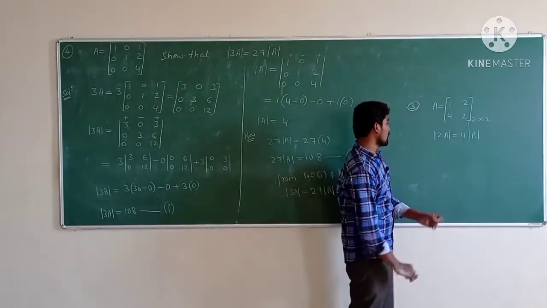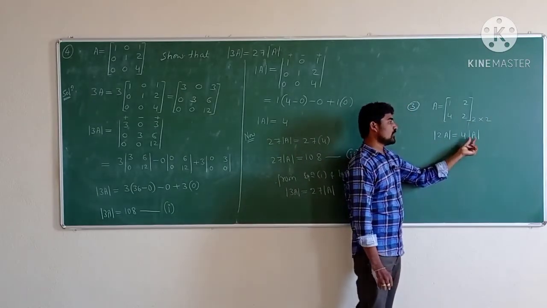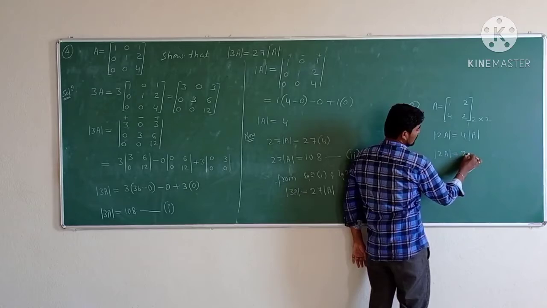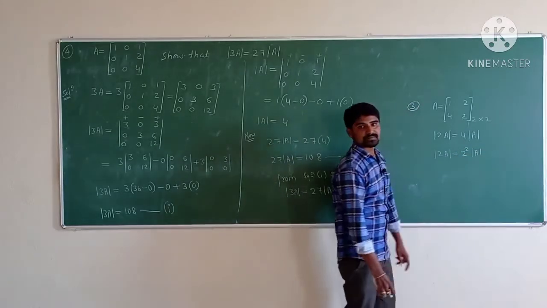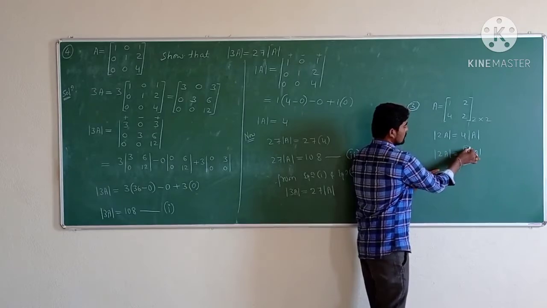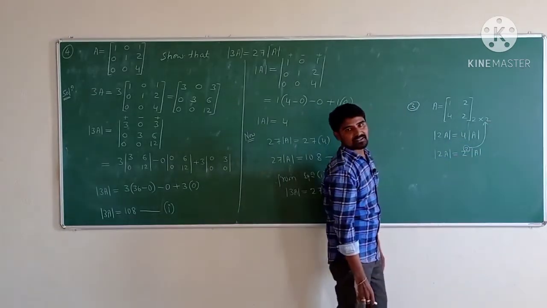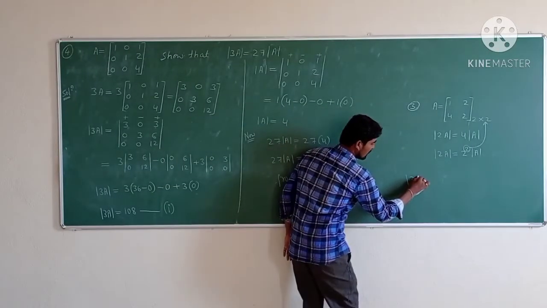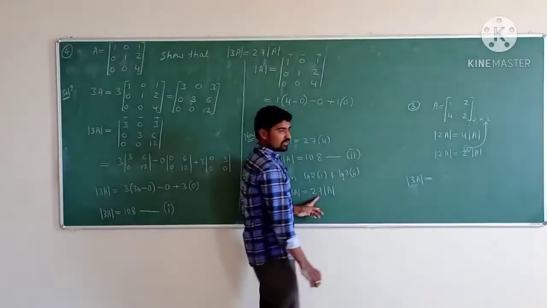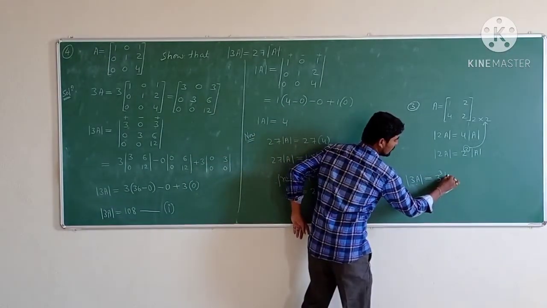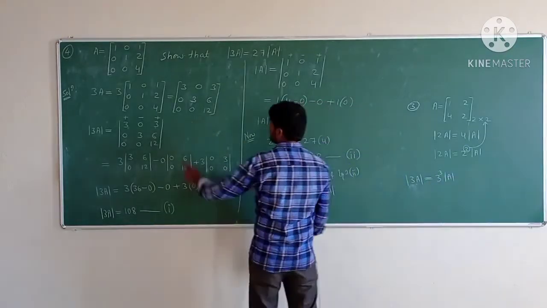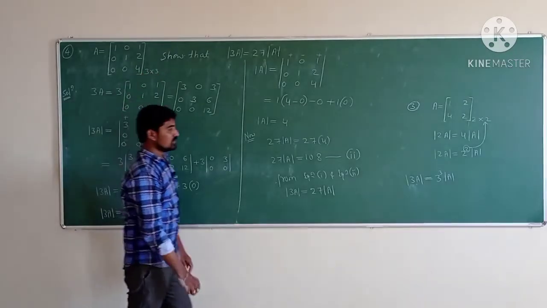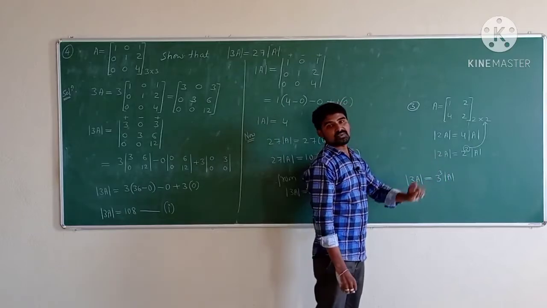Now we have determinant of 2A is equal to 4 into determinant of A. So this determinant of 2A can be written as 2 square into determinant of A, where this 2 is the order of the matrix A. And similarly, here also determinant of 3A is equal to 27 into determinant of A. 27 can be written as 3 cube into determinant of A. Here the order of the matrix A is 3 cross 3. Hence, determinant of 3A is equal to 3 cube into determinant of A.